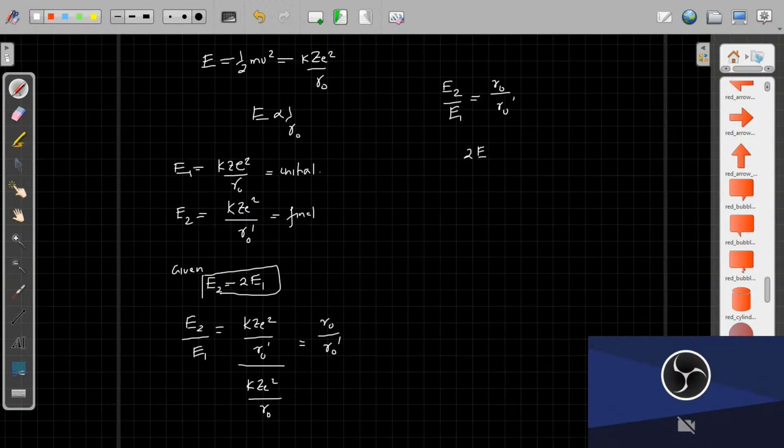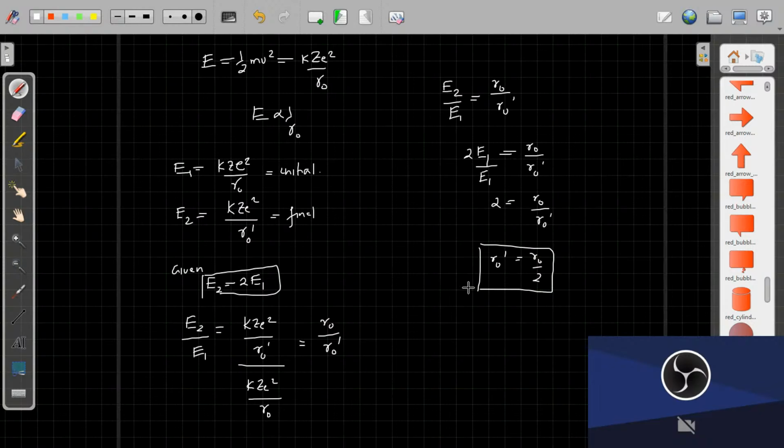So 2E1 is equal to R naught by R naught dash, my E1 cancels. So 2 is equal to R naught by R naught dash. R naught dash is the new distance of closest approach, so R naught dash should be R naught by 2. So it gives half.